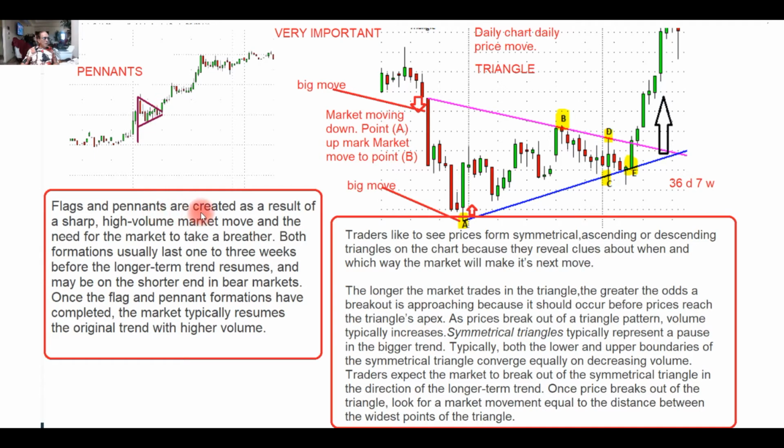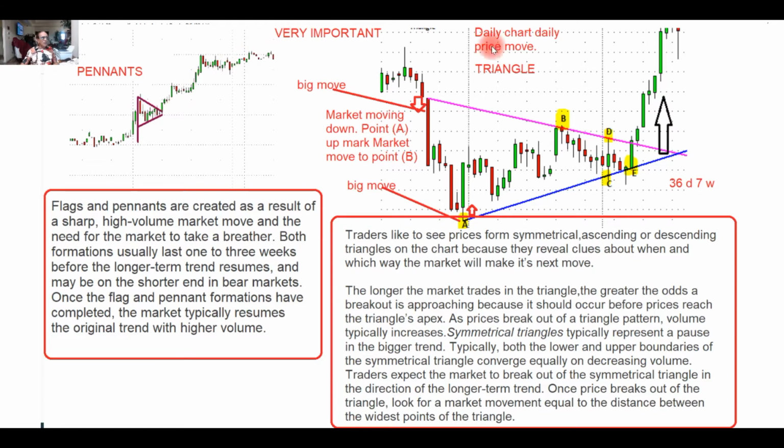Flags and pennants are created as a result of a sharp, high volume market move, and the market takes a rest. Both formations usually last 1 to 3 weeks before the long-term trend resumes, and may be on the shorter end in a bear market. Once the flag and pennant formation has been completed, the market typically resumes. It does not always resume its trend.